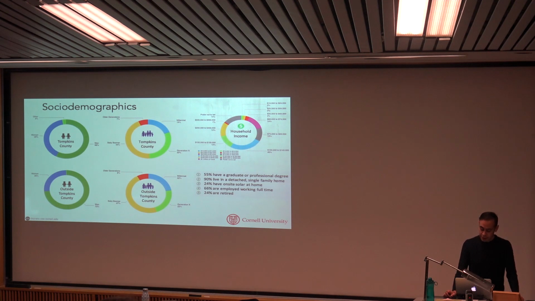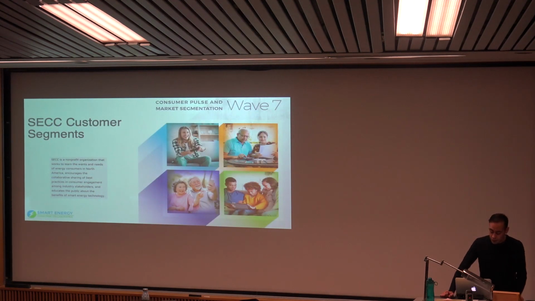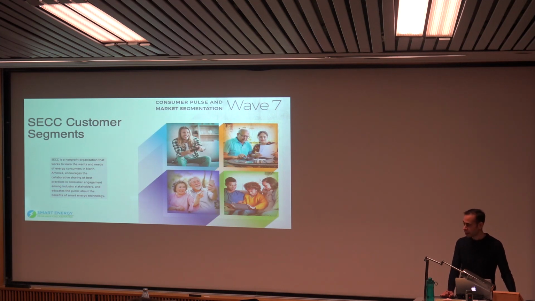So another thing that we did with this data was to use customer segments of energy behavior, and that's based on a trademarked way of segmenting consumers that the Smart Energy Consumer Collaborative has created, and they allowed us to use this segmentation algorithm that they have.